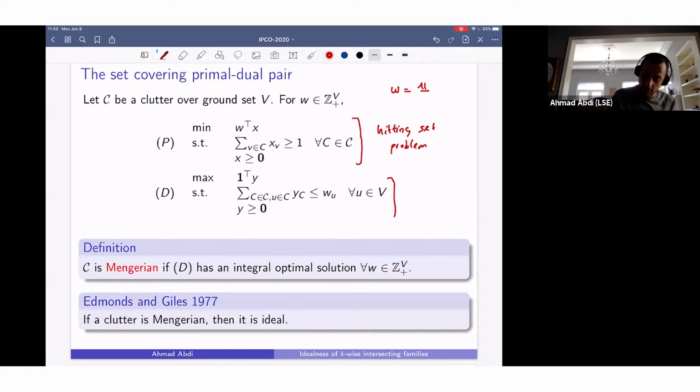Looking at the dual, the congestions are now 1 and the w's are 1, and in the Mengerian case we could just focus on integral y. We're looking for a maximum size set of members that are pairwise disjoint. So this is just a packing problem.